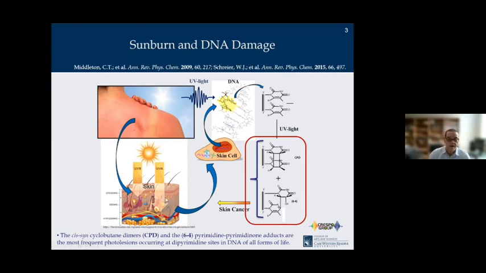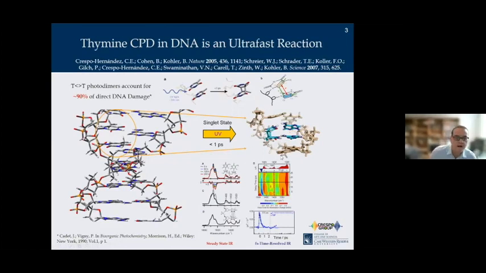And so there has been a lot of interest in understanding the mechanism by which they are formed. The pyrimidine photodimer is the one that is formed in the highest yield. Almost 90% of direct photochemistry occurs in the formation between two thymine pyrimidine bases.